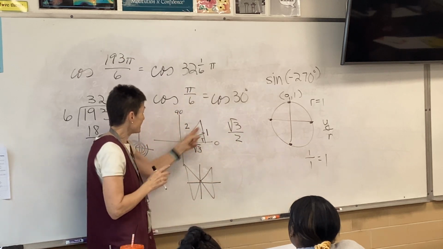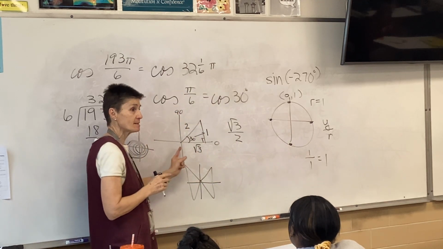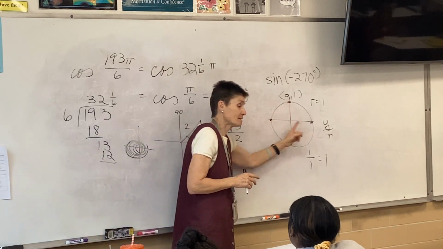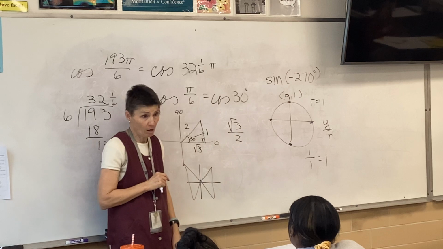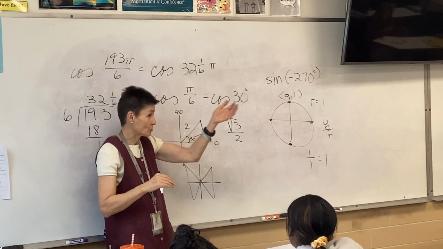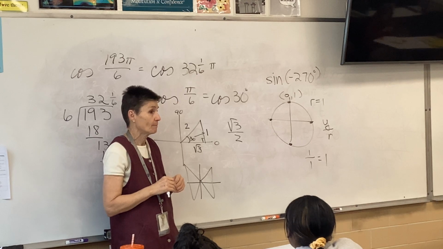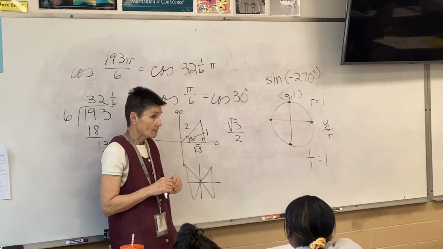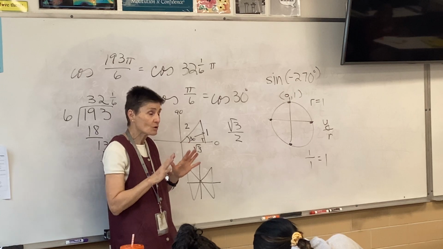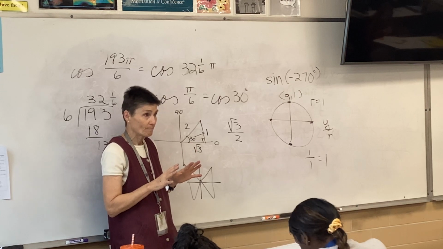If the angle ends up jutting out here like this, then draw a triangle. But if you're on an axis, you have to draw the circle and use Y over R, X over R, those definitions. Okay? I'm going slow so you can ask if you got a question.